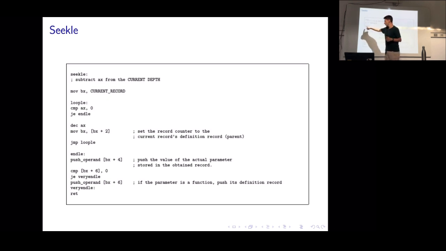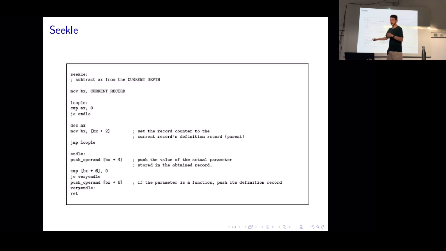And when the counter is 0, it jumps to endl. And endl does a bunch of things to retrieve the parameter. And if it's not, it continues, decreases the pointer, decreases the counter, changes bx to the pointer of the earlier scope record, and calls the loop.